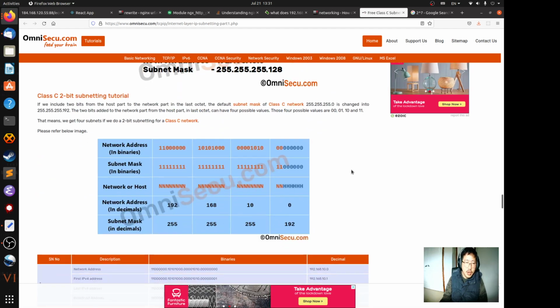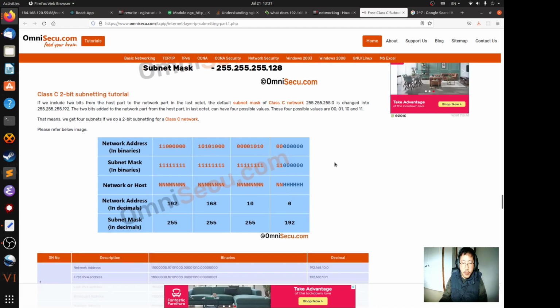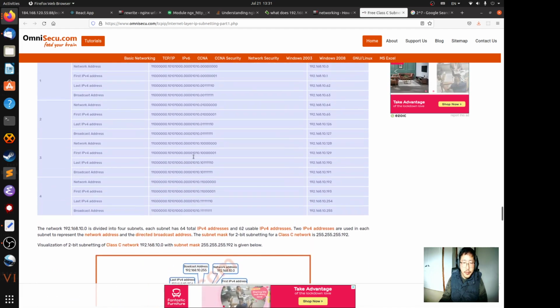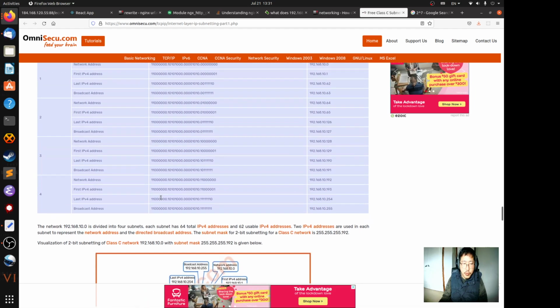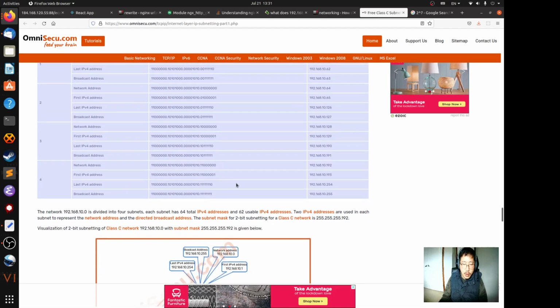Now, class C 2-bit subnetting. Now we borrow 2 bits from the host portion. So how many subnets? 4. And it says the network 192.168.10.0 is divided into 4 subnets. We know that, 2 to the power of 2. And each subnet has 64 total possible IP addresses.